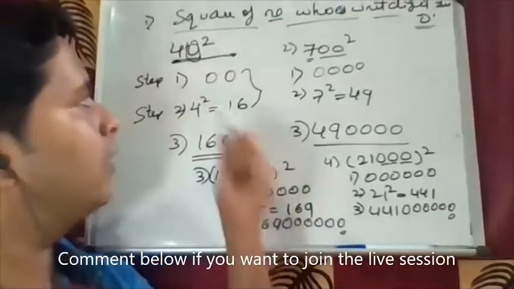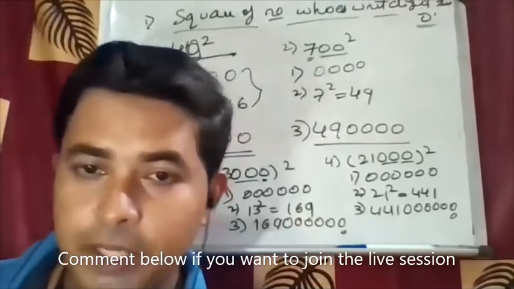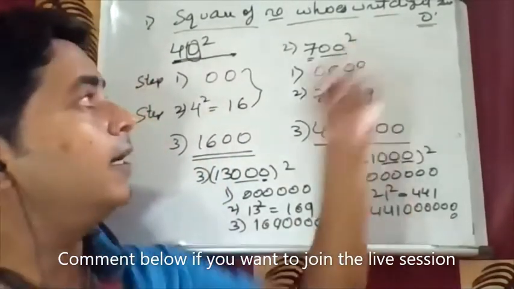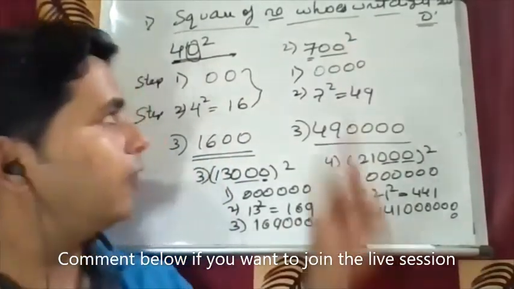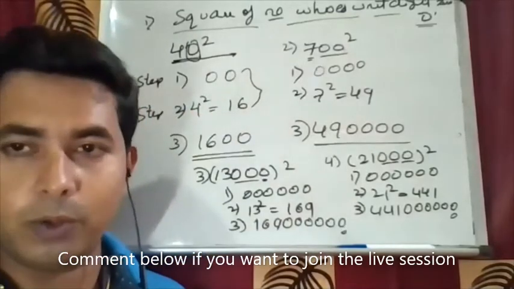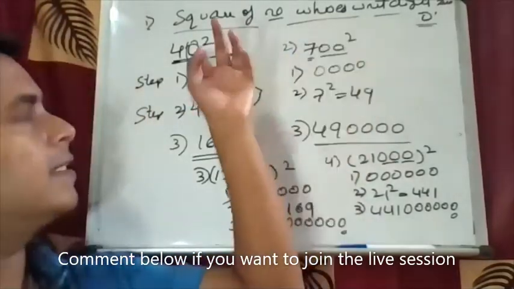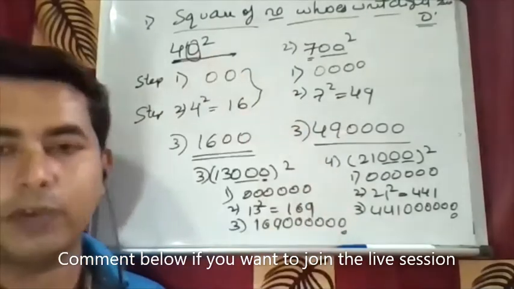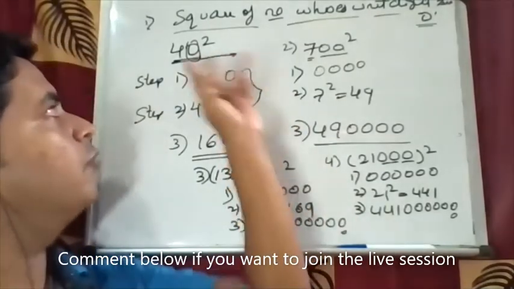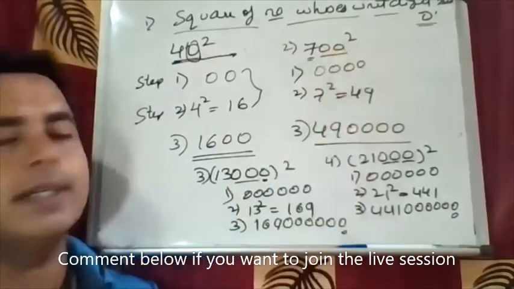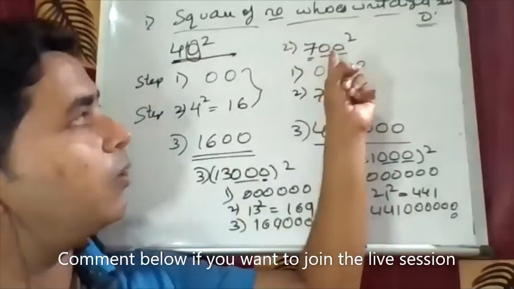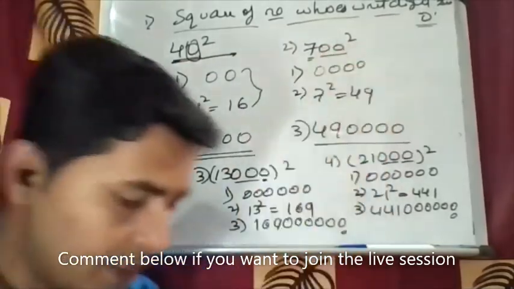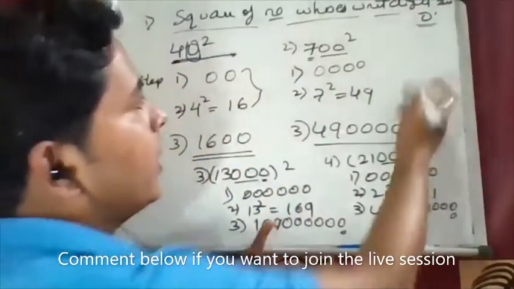So this is the one method if your unit digit contains a 0 value. If your unit digit contains a 0 value, how do you find the square of that? Just see how many zeros are there. If 1 zero is there, make it double. If a total of 2 zeros are there at the end, see, here I'm considering only the end, not the center. Don't take it that way.